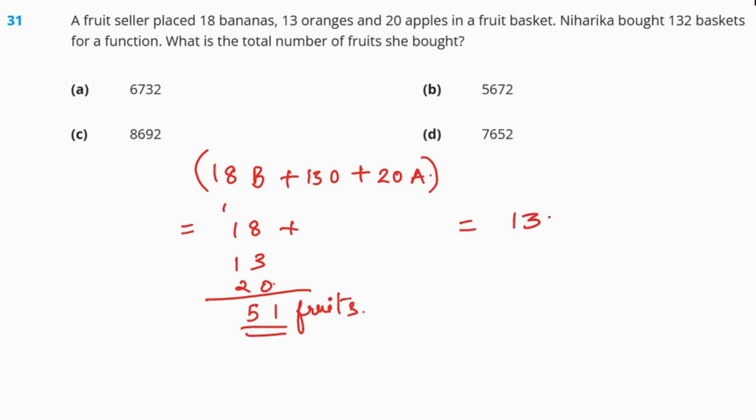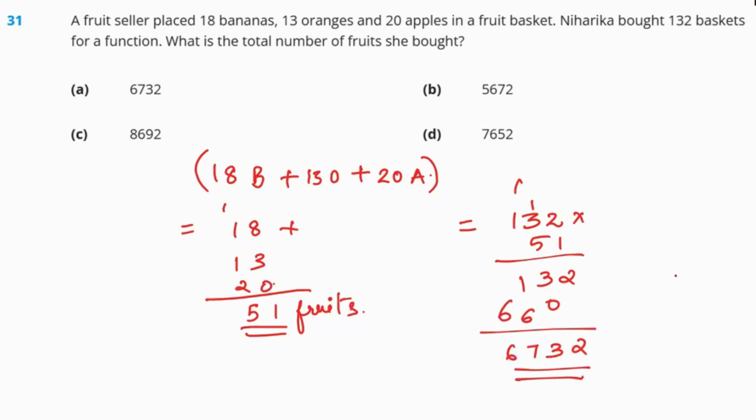So what we will do here is 132 into 51. 6,732 fruits are there in total in 132 baskets. So our answer is option A, 6,732 fruits in total.